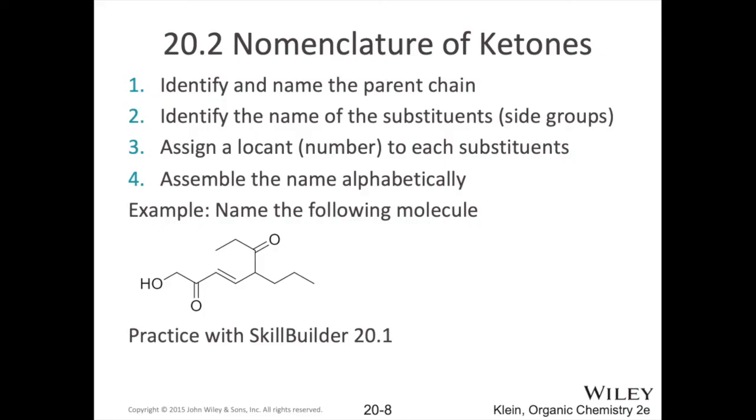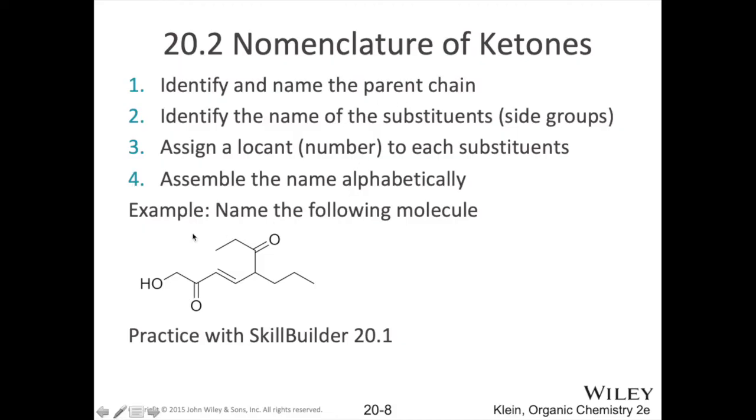Again, I have to stress this is way more complicated than anything you'd see on a quiz or exam, so don't panic if this seems like a tough problem. We're doing a tougher problem just to get the hang of this. Over here, we can see that we have 2 carbonyls in our compound. This is going to be a dione, just like you can have a diene, where you have 2 alkene functional groups. Just like with a diene, you need locants for both of those functional groups.